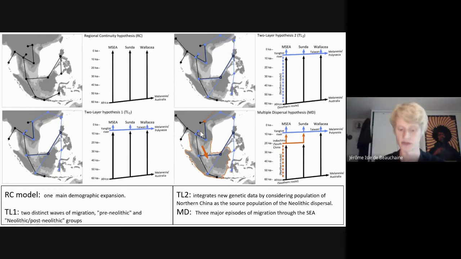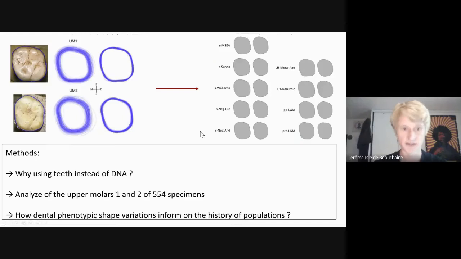So next slide, please. Once the migration scenarios have been defined, in order to test them and choose one, they use, as I said, the phenotypic shape variation of the tooth. But we could ask why use teeth instead of DNA to reconstruct evolutionary relationships between populations? That is because under tropical conditions, the DNA is often strongly deteriorated in the sample.